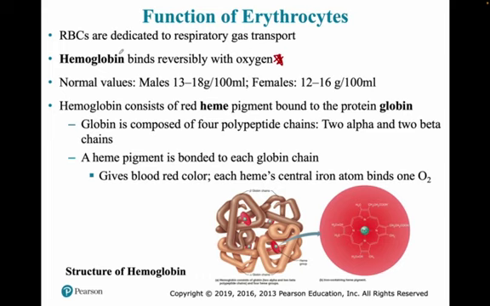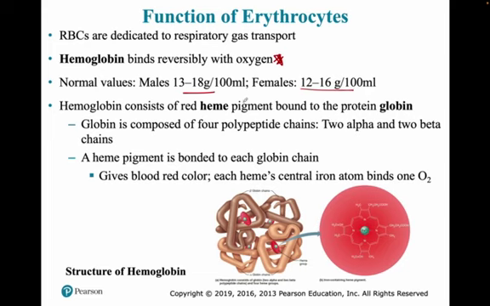Males have approximately 13 to 18 grams per 100 ml, and females 12 to 16. So this value needs to be maintained. If it's lower than this value, that could be a problem, that could be a disease.